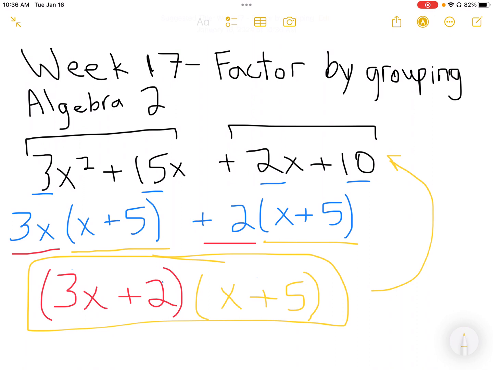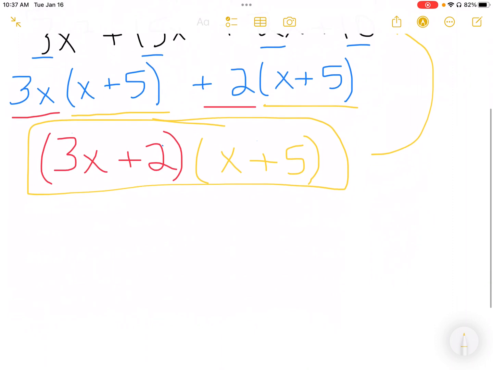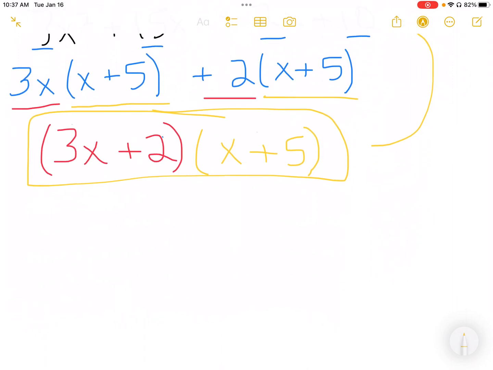Now, you can look at the second example there where we have negatives. Negatives can be a little tricky, so you do want to be careful about how you do those negatives. So I'll go to that first step here.